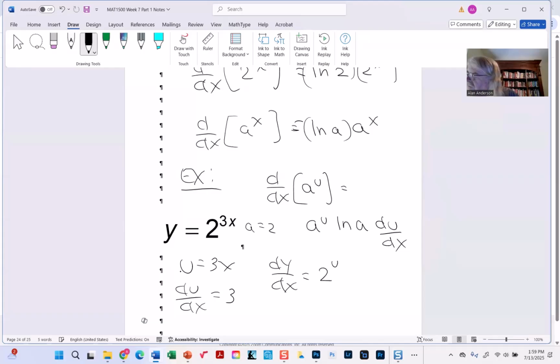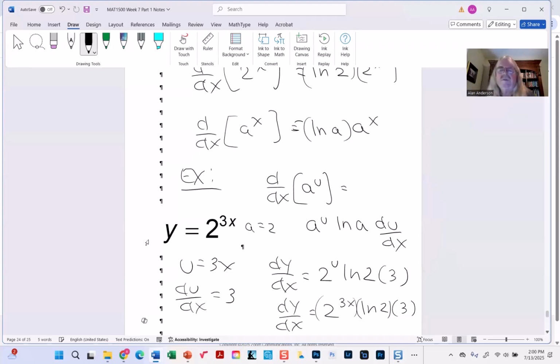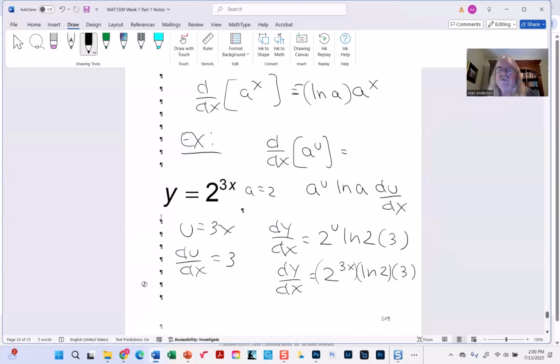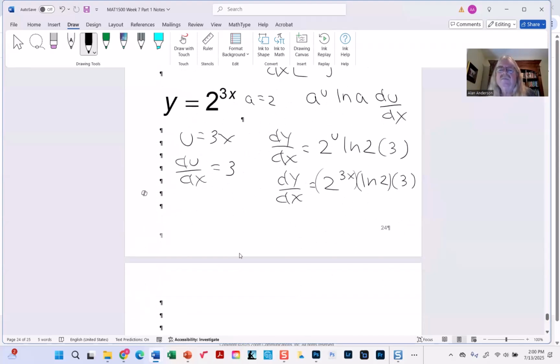So the derivative is 2 to the u, log 2, and du dx is 3, where u equals 3x. Ultimately it ends up being 2 to the 3x, log 2, times 3.